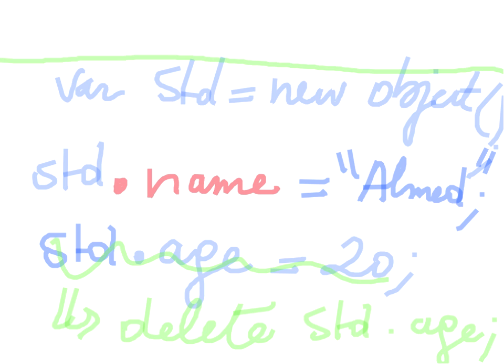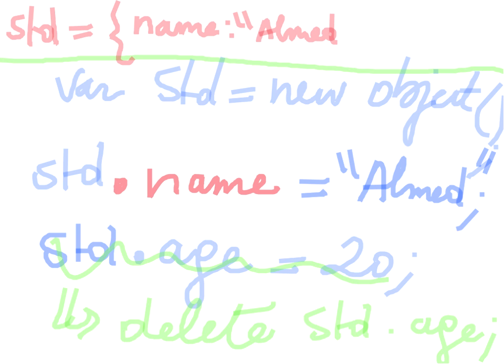I will write student equal, this is my object, name: Ahmed, age: 20. It is clear?